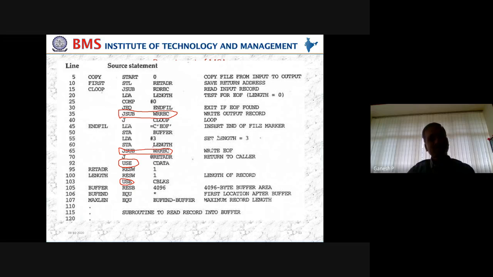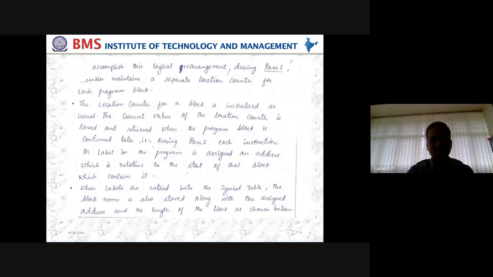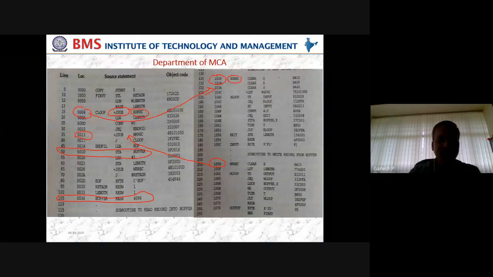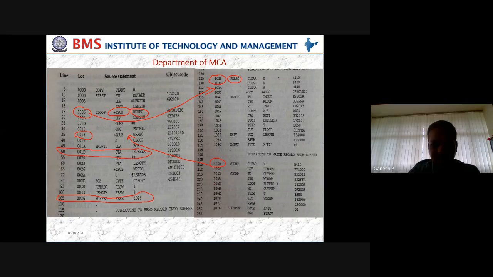So how to identify the program block is the next question. See, now we have seen the previous program. If you look at the previous program, we know that this entire program is a single block. The program starts at line number 5, goes up to line number 255. This entire program is called one single program block. That means by default, between start and end, if there is no USE in this program, there is no USE, right?